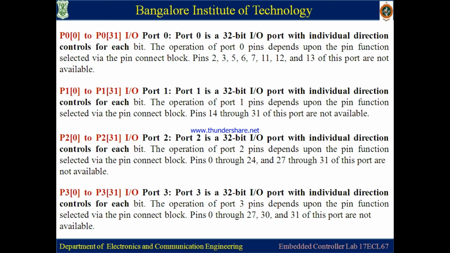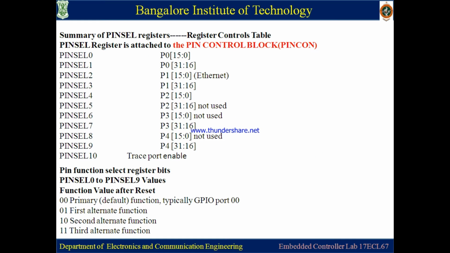So we have 4 ports. All the 4 ports are 32-bit, and they can be configured as input, output, or any other function. We'll see the different functions. So port 0 has 32 pins, with the lower 16 pins and the higher 16 pins. To configure the lower 16 pins, we need a register which is also 32-bit.